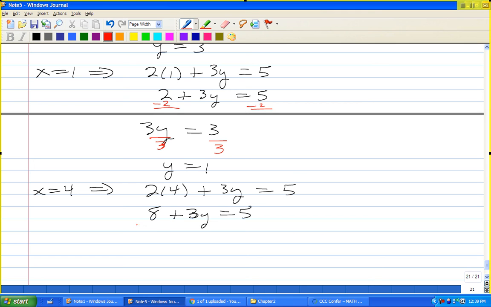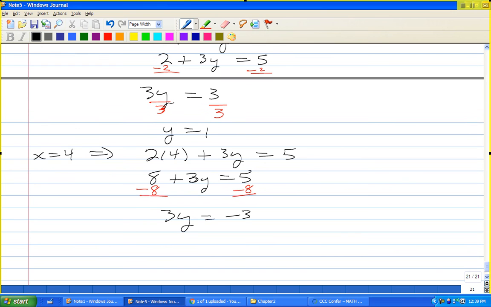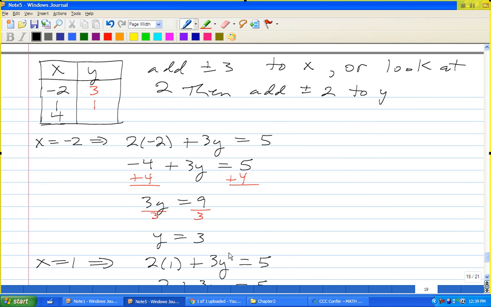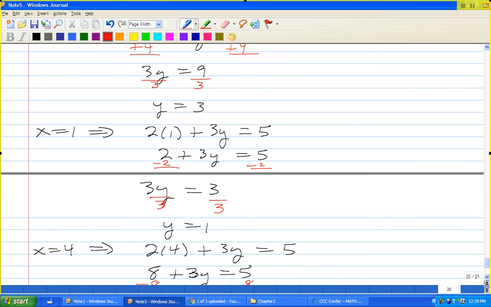Subtract 8 from both sides of my equation. So 3y equals -3. Divide both sides of my equation by 3. So y equals -1.